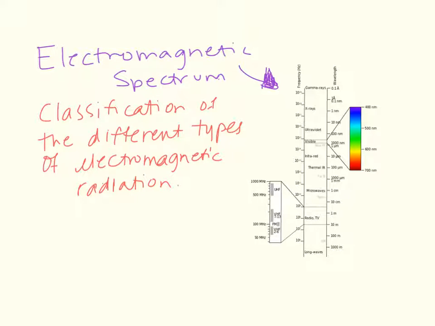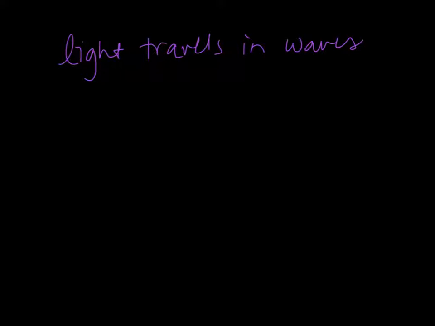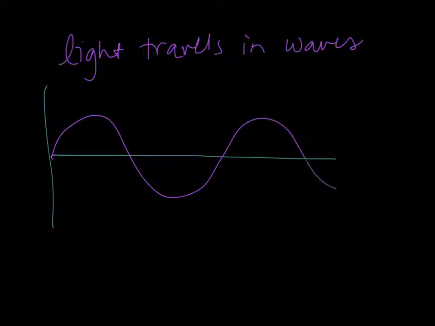Light then can travel by waves, right? Light travels in waves. And so if we look at a wave, what we call the distance from one peak to another peak is called a wavelength.